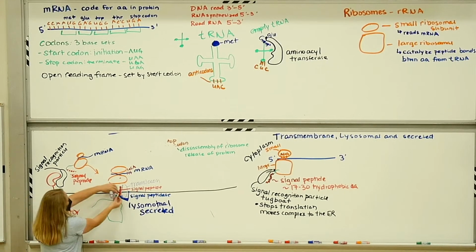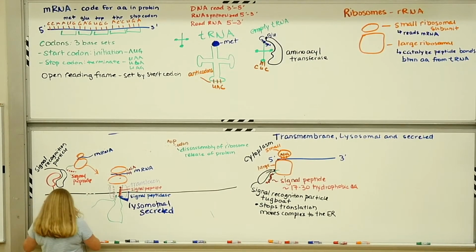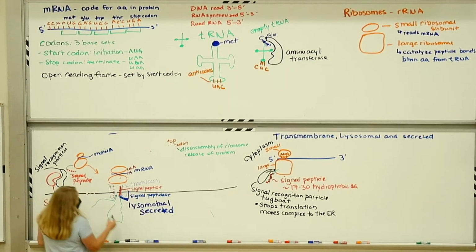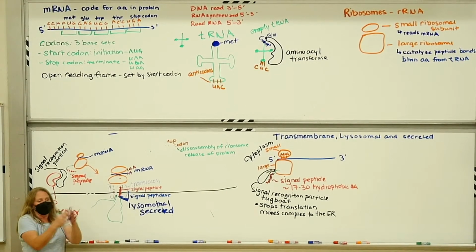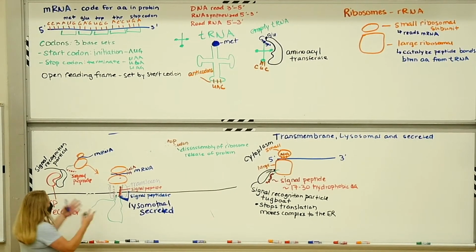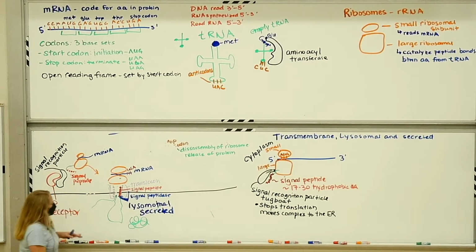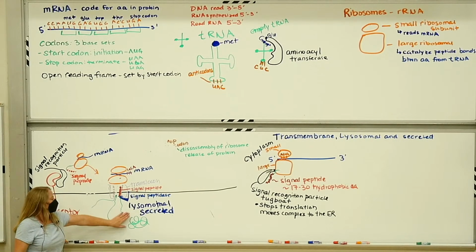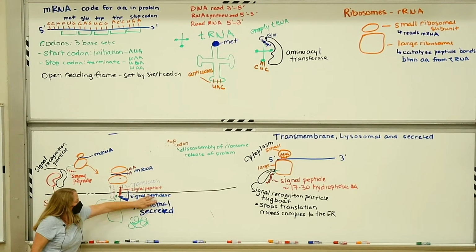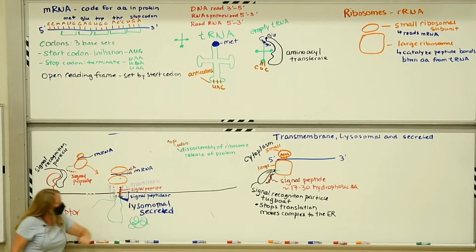So once you've cut that signal peptide, you can release the entire protein. And because it is now released and free, it can form its full shape, so it'll do whatever it's going to do. There's your protein in the lumen of the ER. We still have to glycosylate it and move it to the Golgi and everything else we talked about, but that's how we're going to make those lysosomal and secreted proteins.